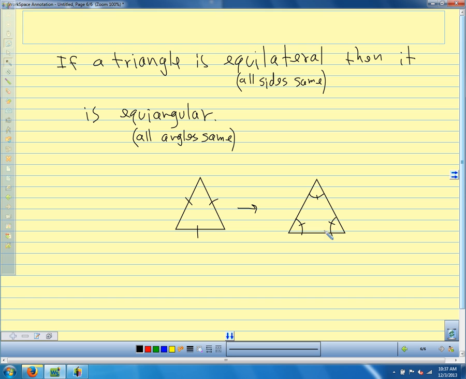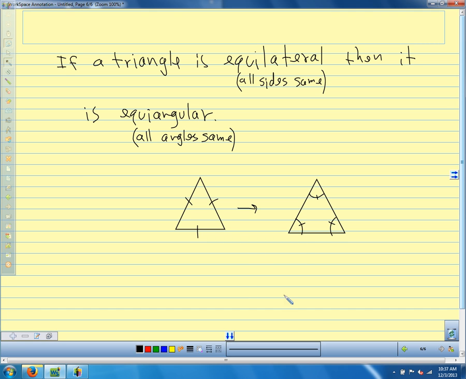And the way that we would come up with this is we would look at it as an isosceles triangle, and we would say this is the base, so those two angles have to be the same. But then we could say, okay, it's an isosceles triangle with those two sides the same, so those two angles have to be the same. So if the two angles have to be the same and they have to be that way all the way around, that means all of the three angles have to be the same.